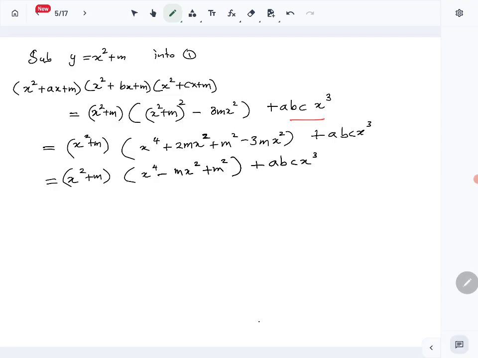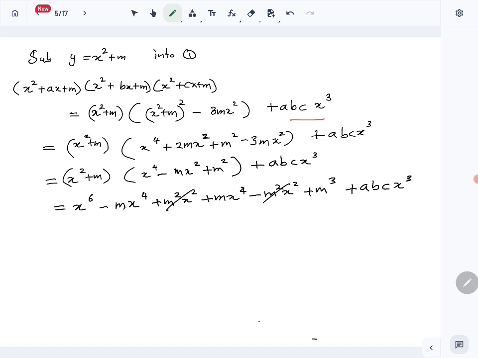Right, now again get rid of brackets, you get x to the 6 minus m x to the 4 plus m squared x squared plus m x to the 4 minus m squared x squared plus m cube plus abc x cube. Now cancel what you can cancel and you should get the required result.